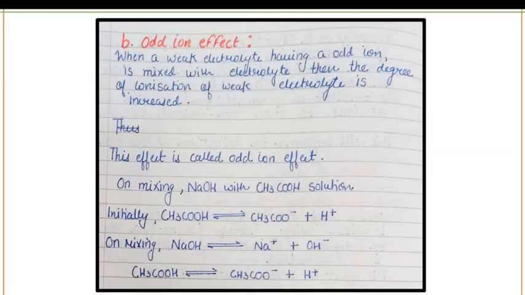After dissociation of these two compounds, you will not get any common ion. As you can see here, in the dissociation of acetic acid, you will get CH3COO- plus H+ ions, while in the dissociation of NaOH, you will get Na+ ions as well as OH- ions. There is not a common ion. That's why this effect is known as the odd ion effect.